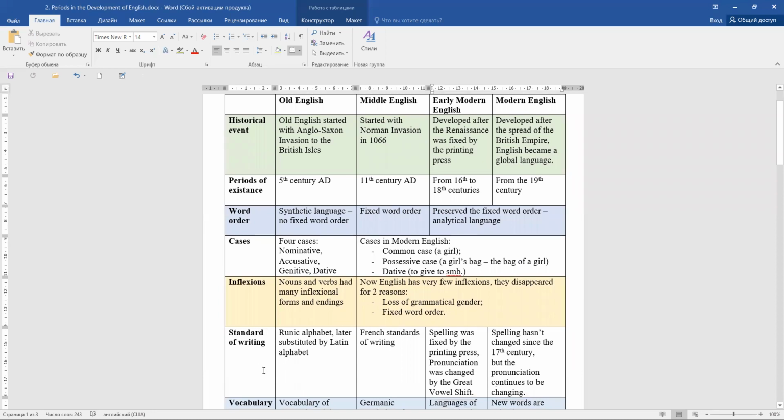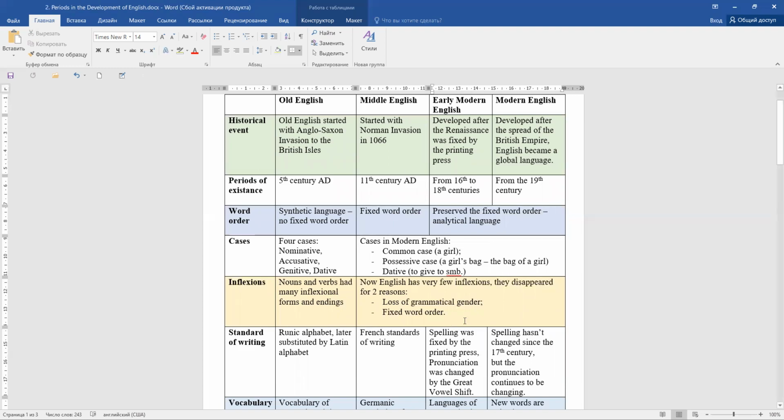And the standard of writing in Old English was based on the runic alphabet. Later it was substituted by the Latin alphabet. In Middle English, the French standards of writing were introduced.